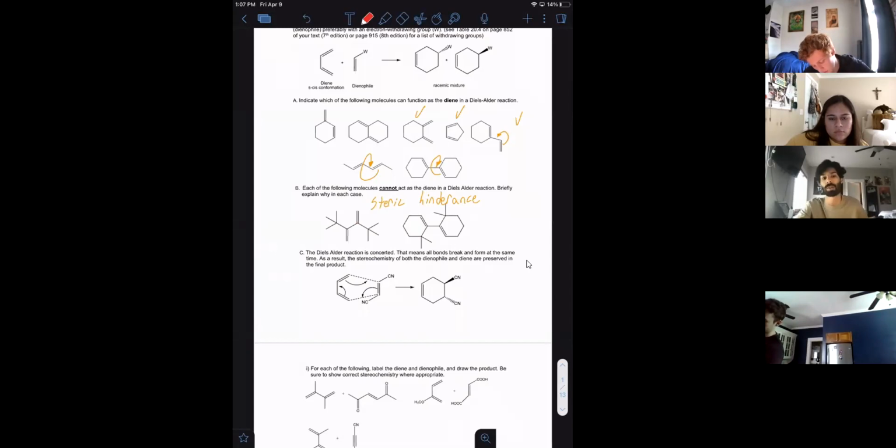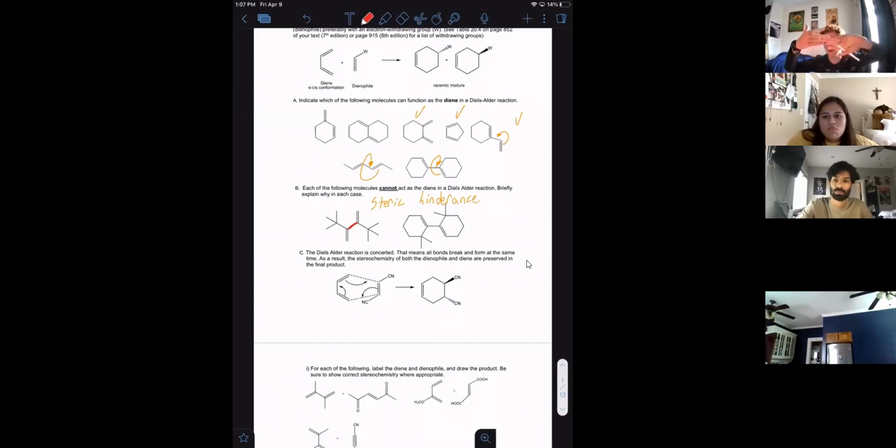So with these ones, you can't rotate it around to make it cis, but with the other ones you can. Yeah, because with all those other bonds, we're taking this bond right here and twisting it.